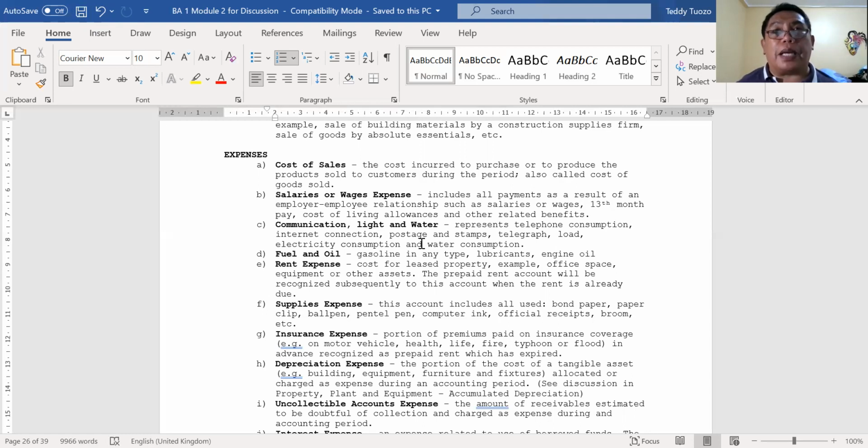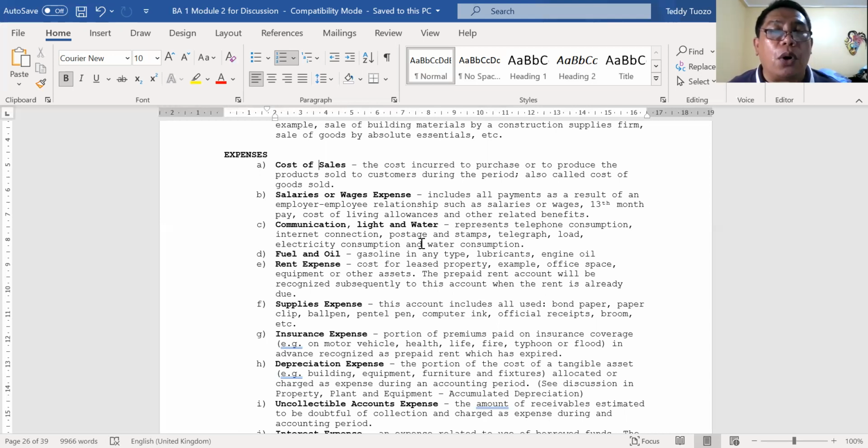But for certified public accountants, these accounts are combined. So communication, light, and water is only one account. But again, if you have a sole proprietorship business, for you to be able to know how much you are paying for light consumption, electric consumption, water consumption, and communication, then you create separate accounts for these.